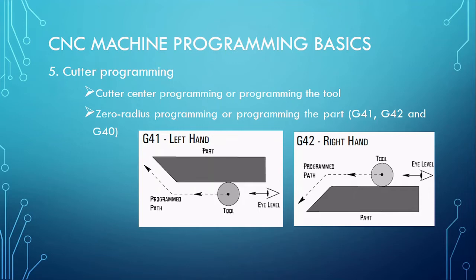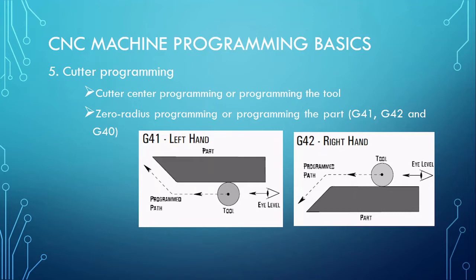And here is where the problem is. If the coordinate must always coincide with the center of the tool, whatever profile is required will be less than the radius of the cutting tool, because the cutting tool itself has its diameter.